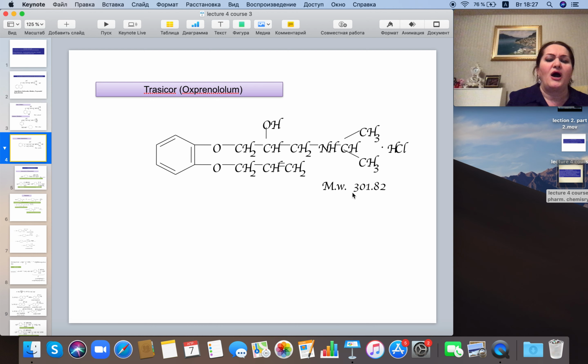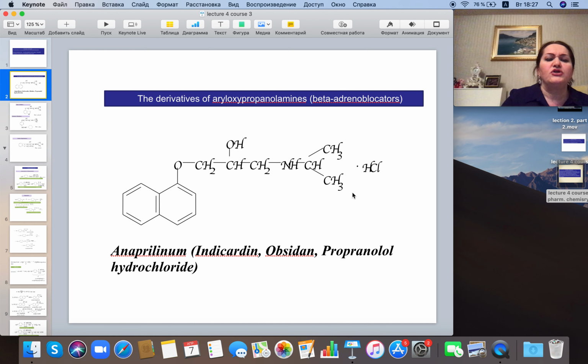Trazicor is used as hydrochloride. Some of these preparations are used as hydrochlorides, and with hydrochloric acid this preparation gives the reaction for chloride.